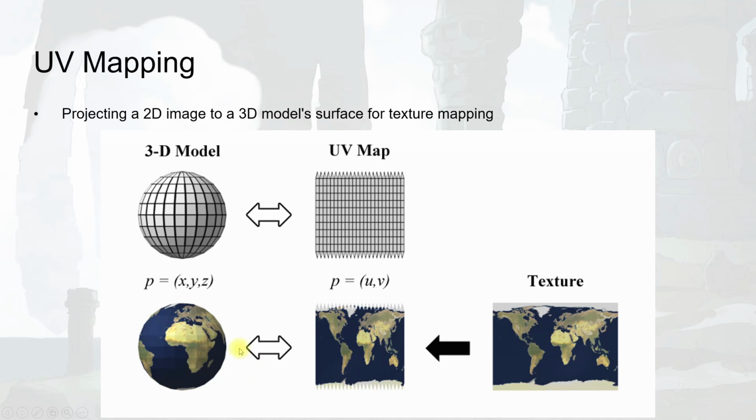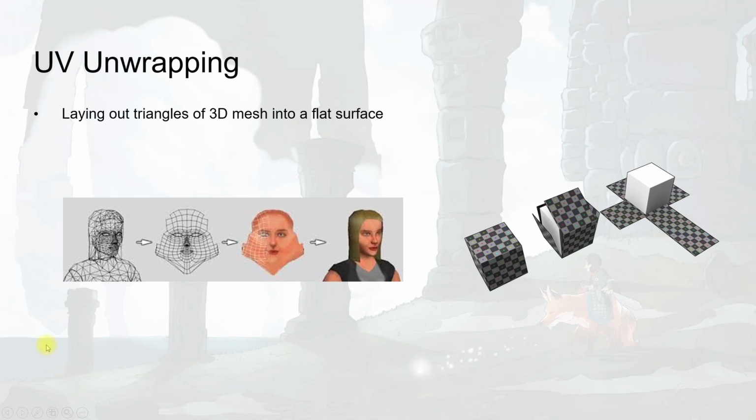For example, if you take a world map, even though the world is a globe, we are used to seeing it as a 2D map like this. And UV unwrapping means laying out the triangles of a 3D mesh onto a flat surface.